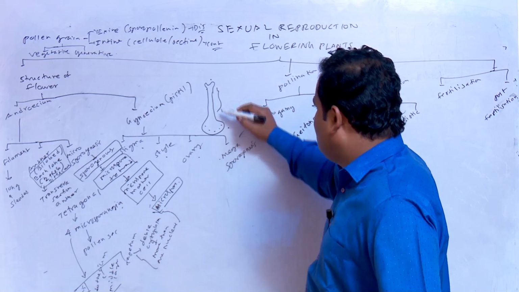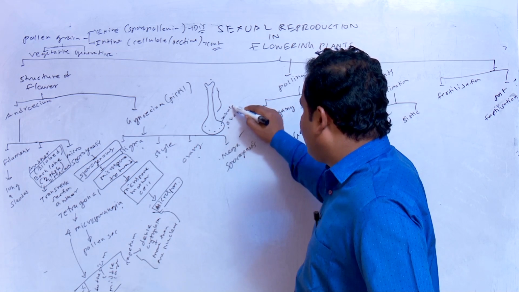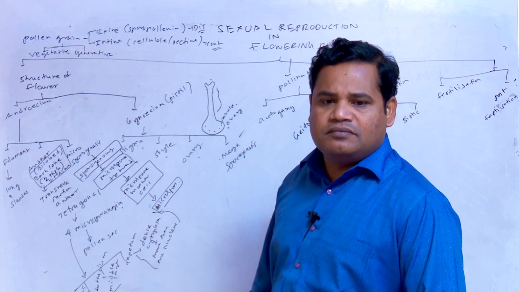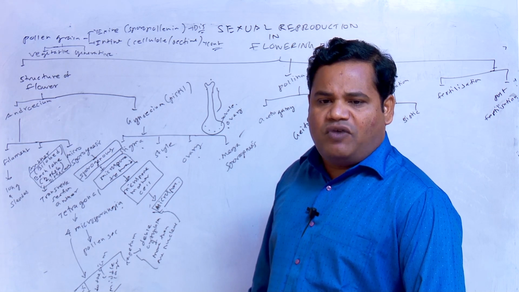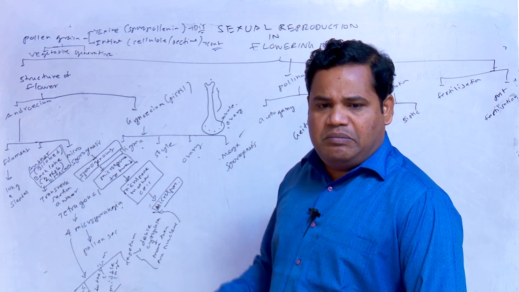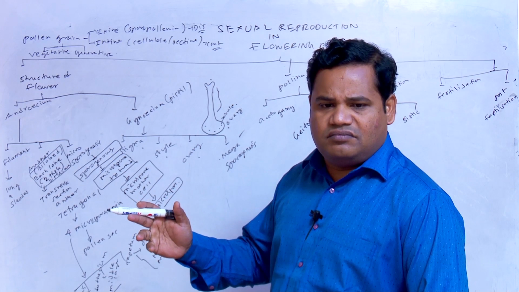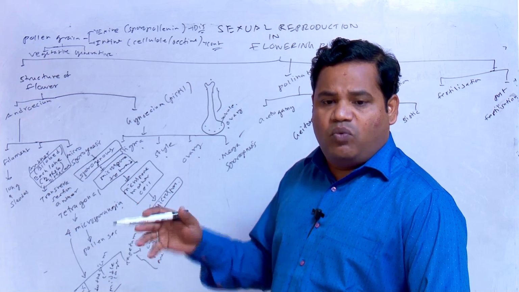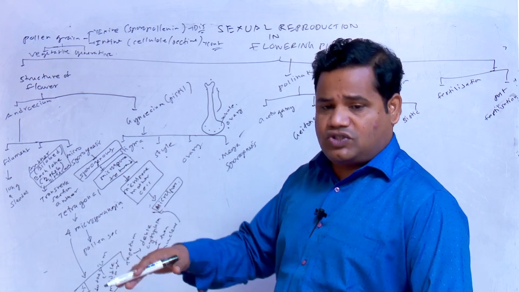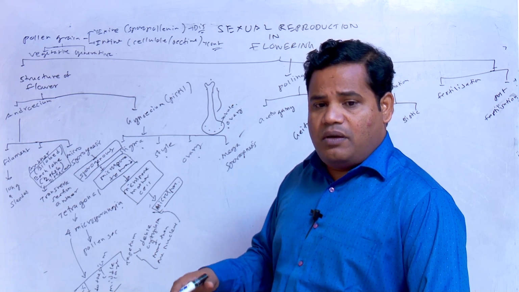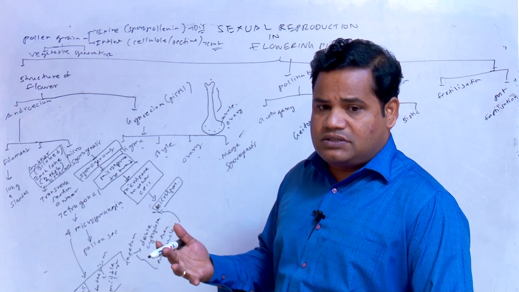So this is the ovary, and the ovules arise from the placenta. The number of ovules in an ovary may vary. It may be one in wheat, paddy, mango, etc. Many in papaya, watermelon, orchids, etc.